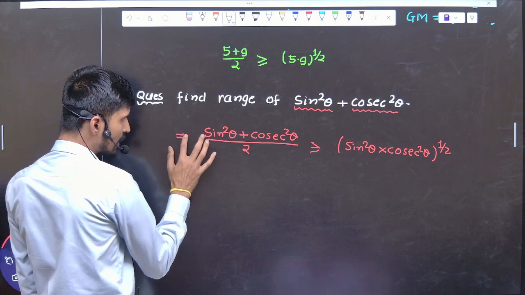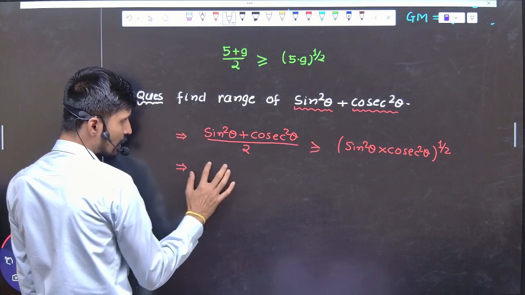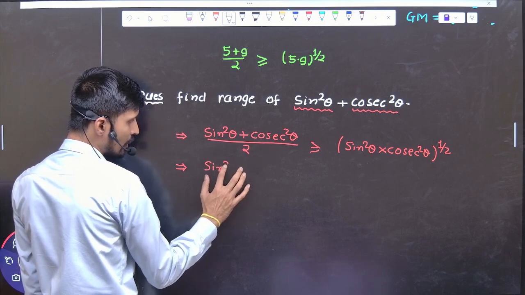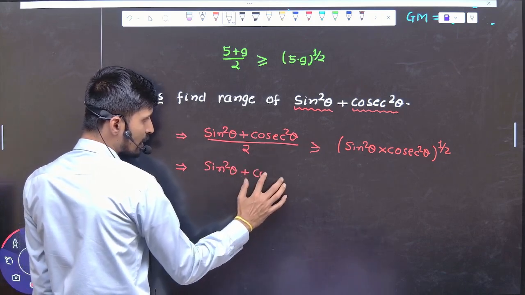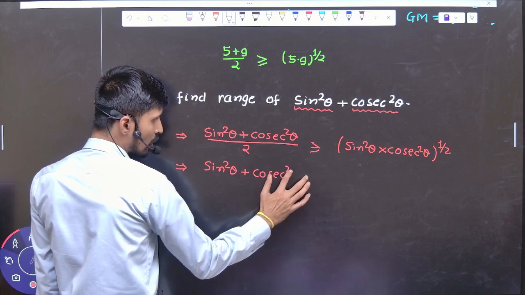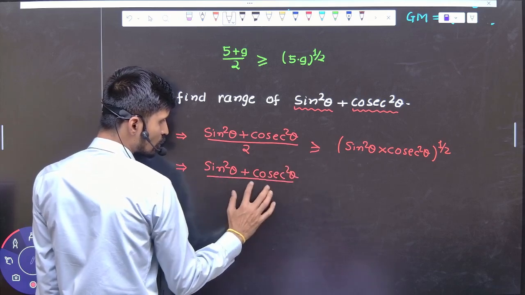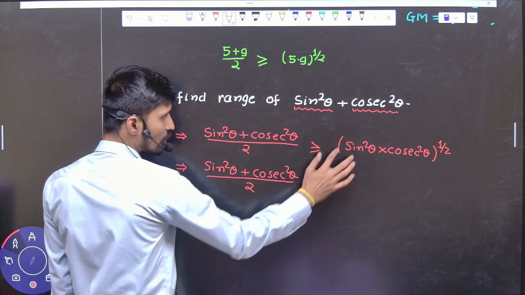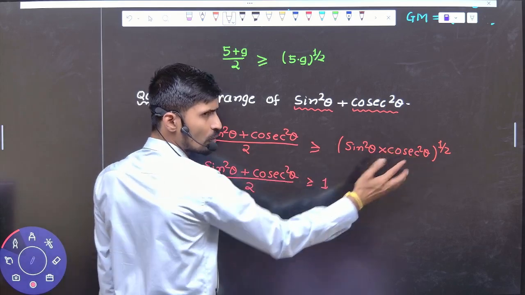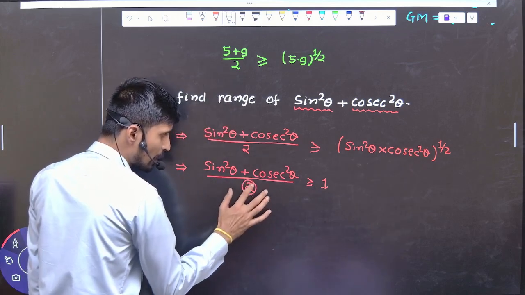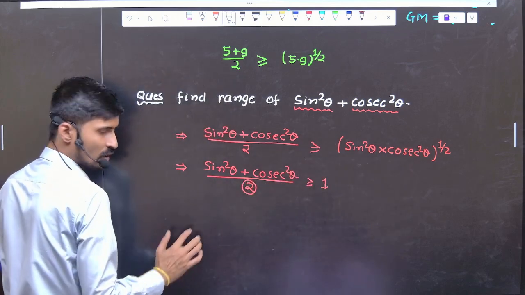Now from here we can say sin square theta plus cosec square theta by 2 is greater than or equal to 1 raised to 1 by 2, which is 1. And this is a positive number. Positive number, we can cross multiply or not? Yes.